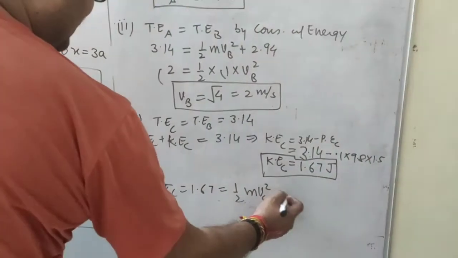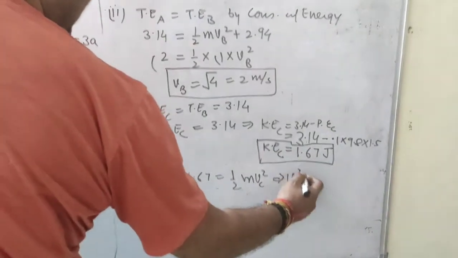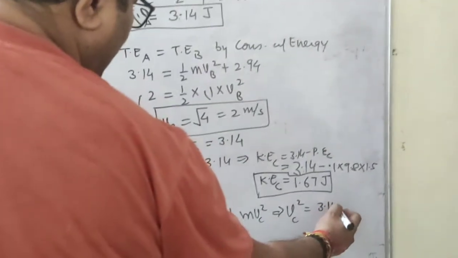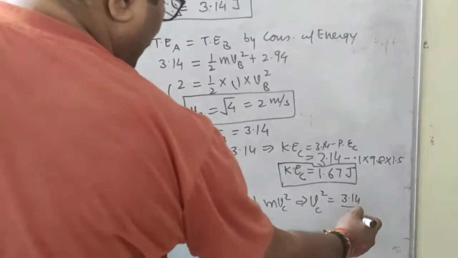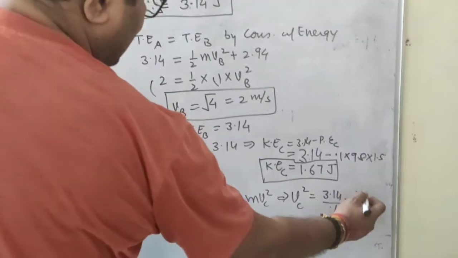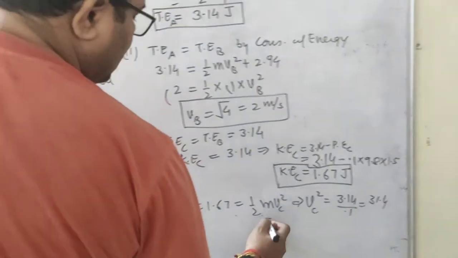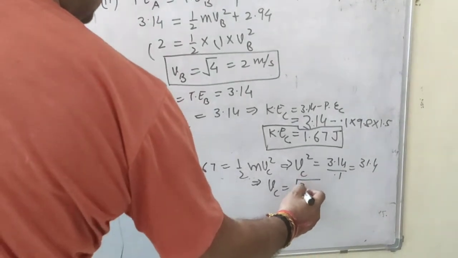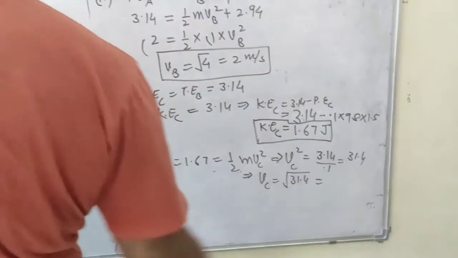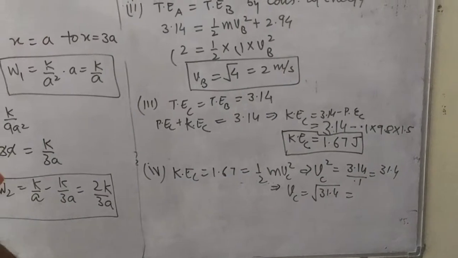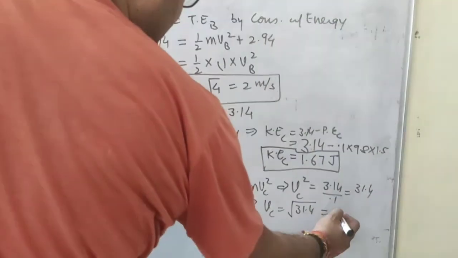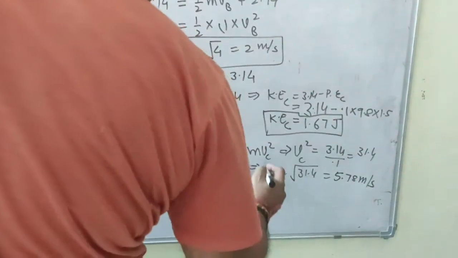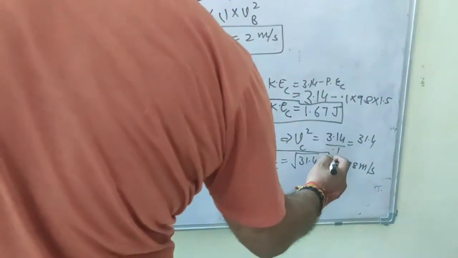This implies that Vc square is equal to 3.14 divided by 0.1, that is 31.4, which implies that Vc is equal to under root 31.4, which is equal to 5.78 meter per second. This is the velocity at C.